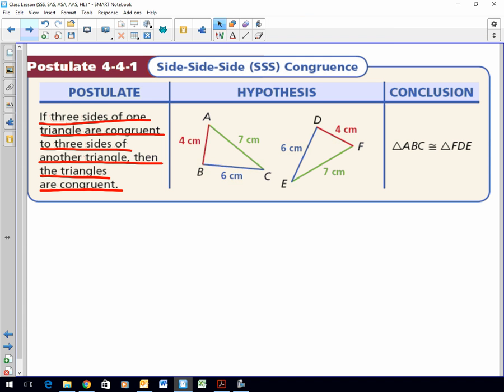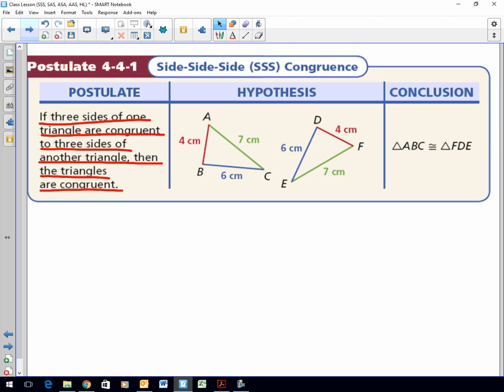So much that you have to write down. I want you to think. Have you seen side, side, side before somewhere? Yes. It was called the similarity postulate. And it said if three sides of one triangle are proportional to three sides of another, then the triangles are similar. See, this is why if you still say congruent, you're going to get messed up the rest of your time in here.